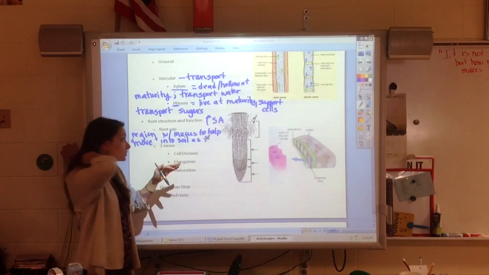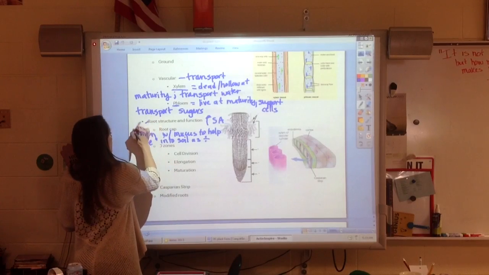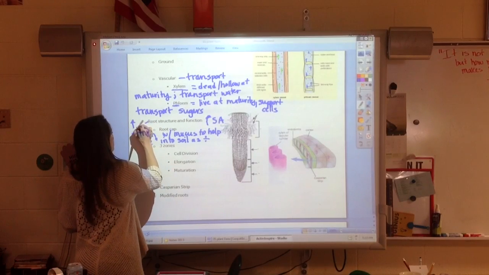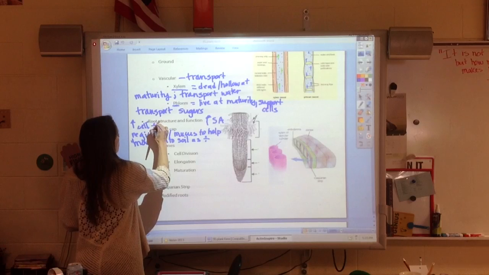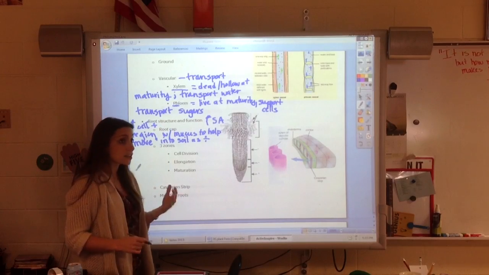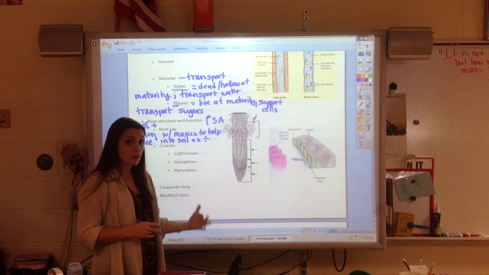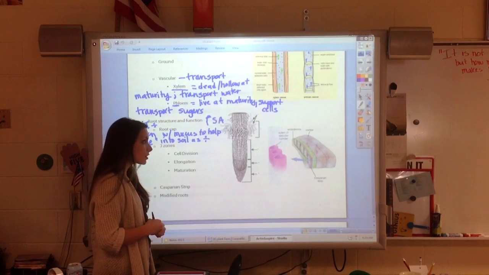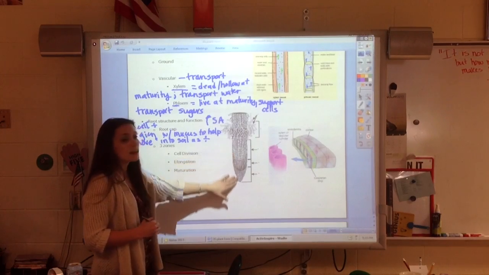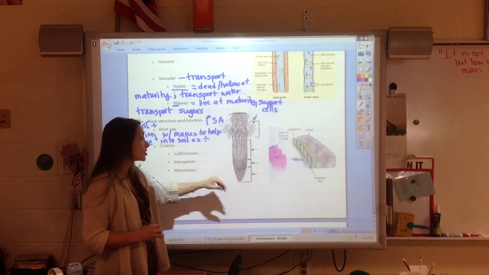And so the root is actually the area of the highest rate of cell division. It turns out that the roots are constantly growing, constantly seeking out deeper parts of the earth to try to find water. So we're going to see a really high amount of cell division in this region.